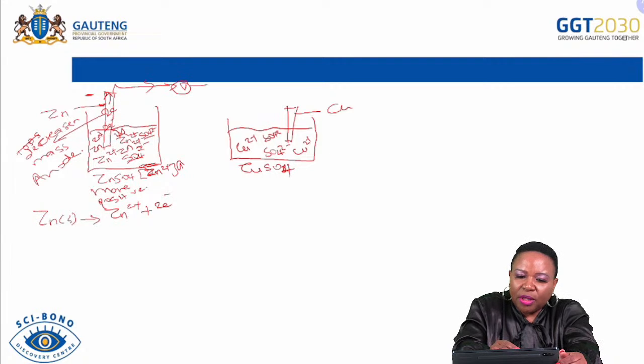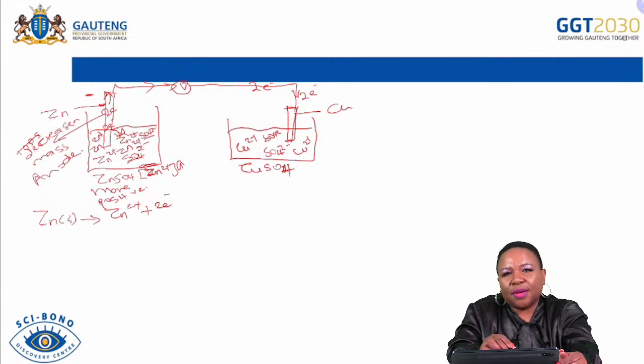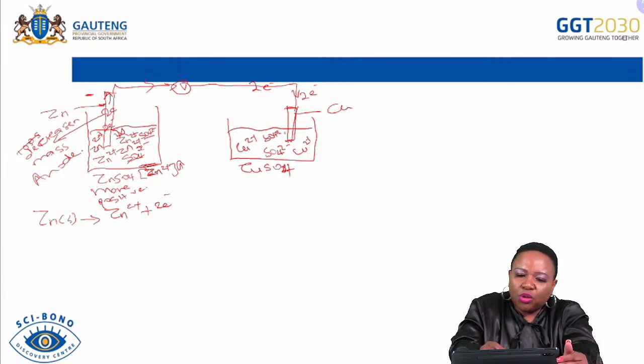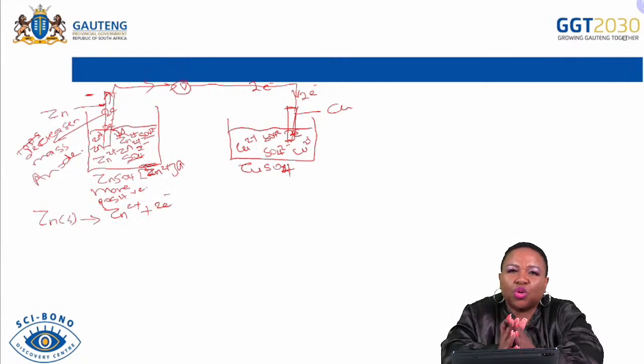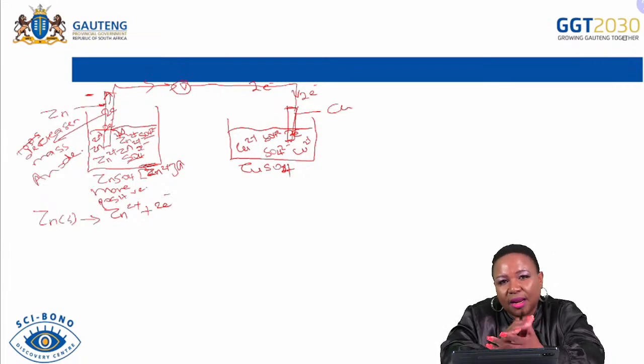Now, what happens when the two electrons coming from the zinc side reach this side? The copper electrode will not be able to accept those electrons, because remember, it's also a metal. But what it will do is transfer the electrons until they reach the non-metallic part of the cell, the electrolyte.